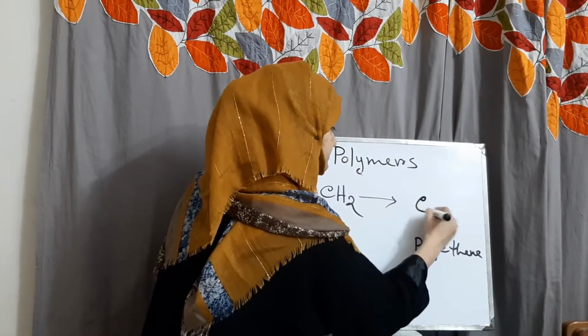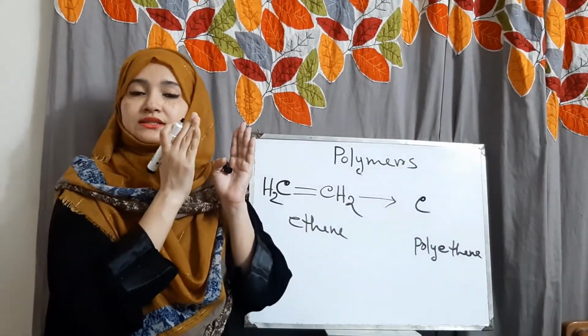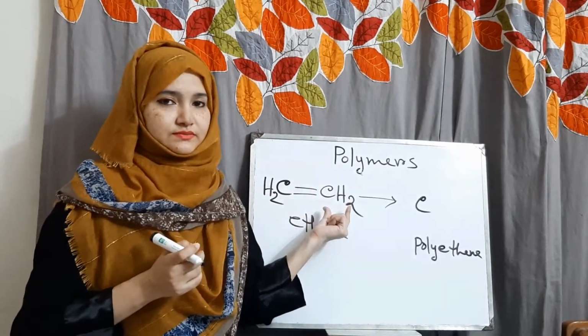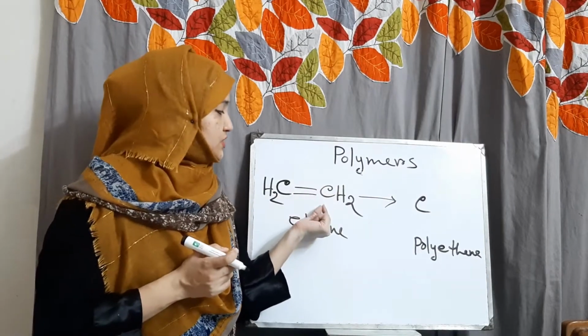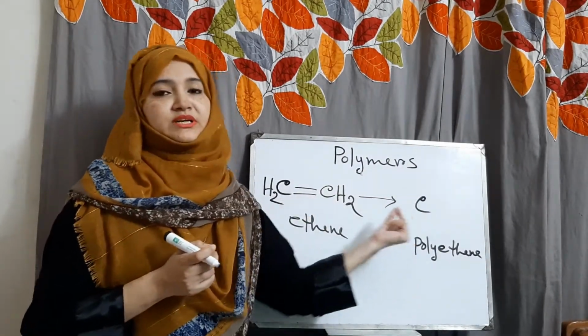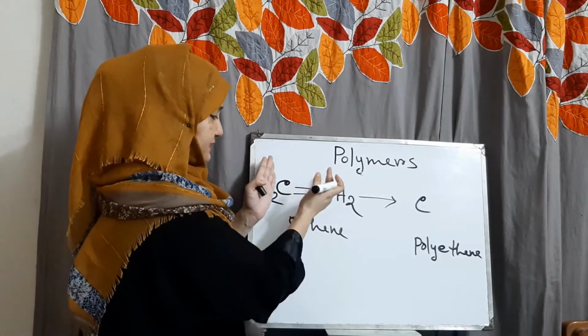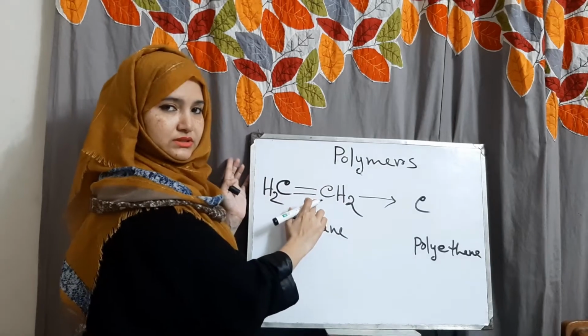At first, the catalyst initiates the reaction. The catalyst initiates the polymerization reaction at first, and the reactive part of this monomer is the double bond.